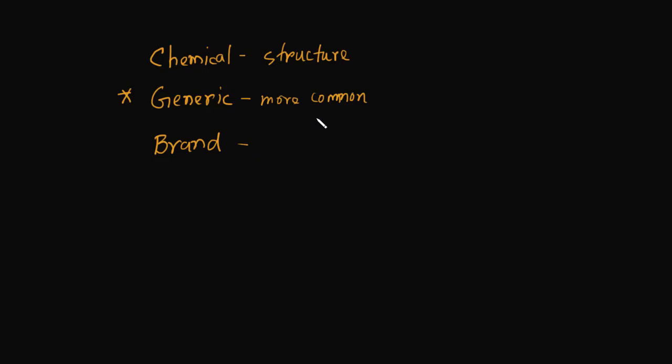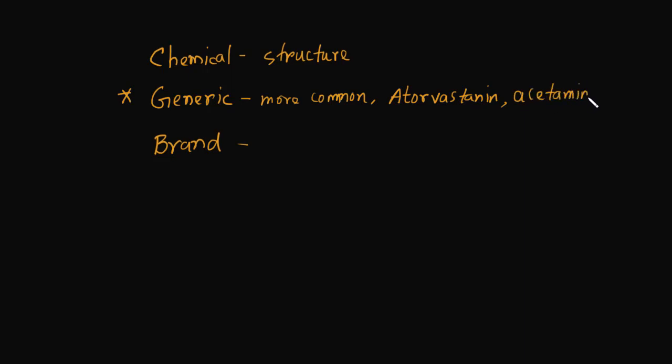For example, statins, like simvastatin, atorvastatin. These are generic names. Like when we are saying acetaminophen, this is a generic name. And the brand name for acetaminophen will be Tylenol. The brand name has been given by the manufacturer.